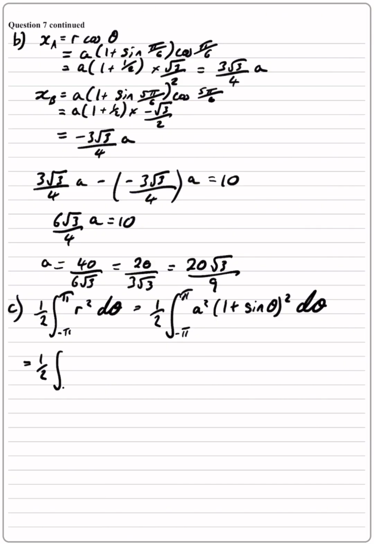We know a, so we can square it. If we square a, we get 400 over 27. And expanding out the 1 plus sine theta all squared will be 1 plus 2 sine theta plus sine squared theta d theta.